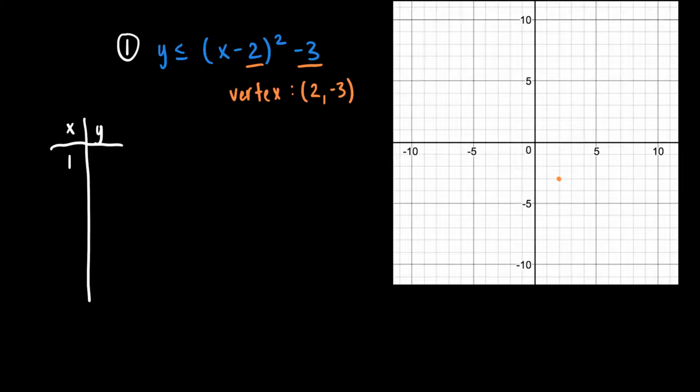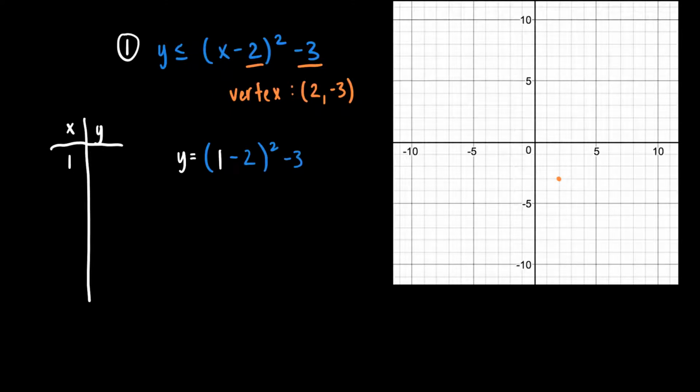So let's plug in 1 for x. We're just going to do y equals for a second. I know we're supposed to do less than or equal to, but I'm just trying to graph the boundary of this inequality first. So we're going to do 1 minus 2 squared minus 3.